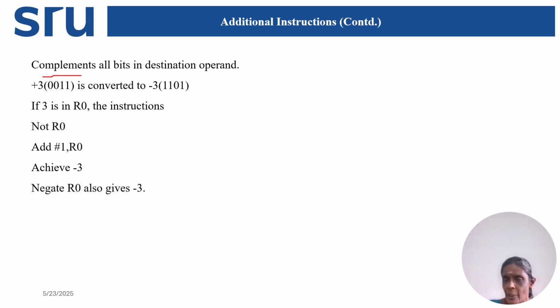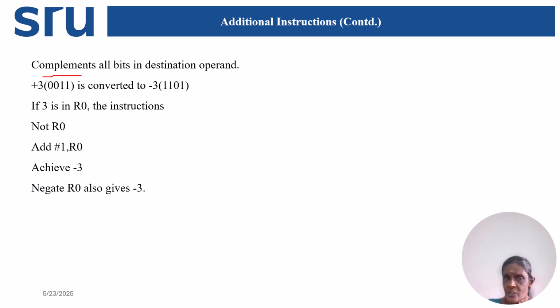It is the complement, so reverse. Plus means minus, minus means plus. What is the equivalent of 3? 0011, so it is 4 bits. Already I have told you that the computer architecture is designed in such a way that one address is of 4 bits. So 0011 is converted into minus 3.